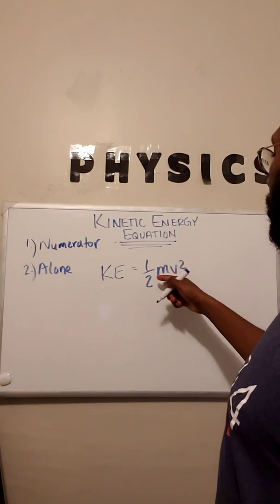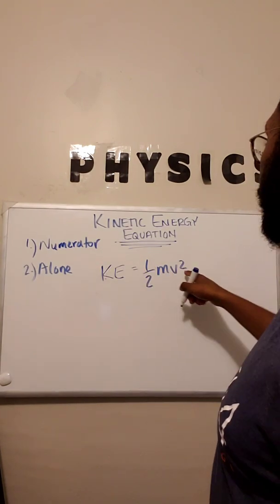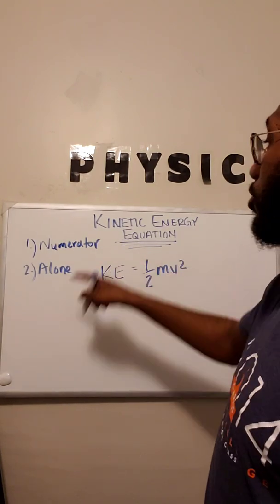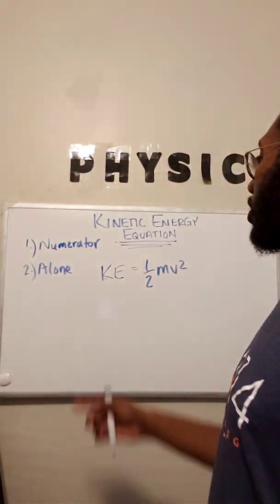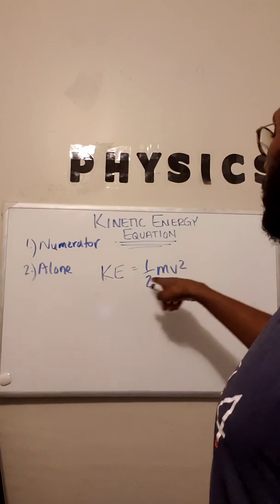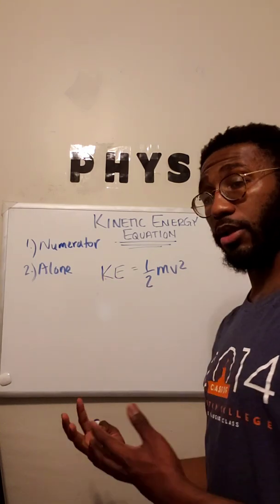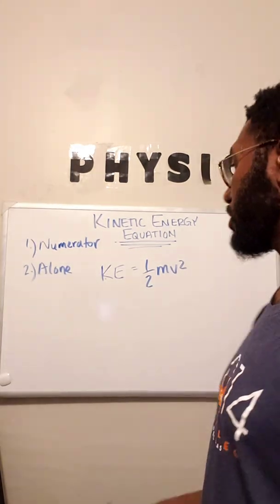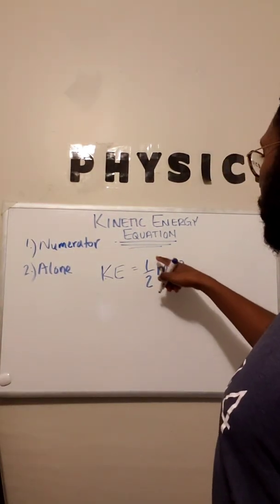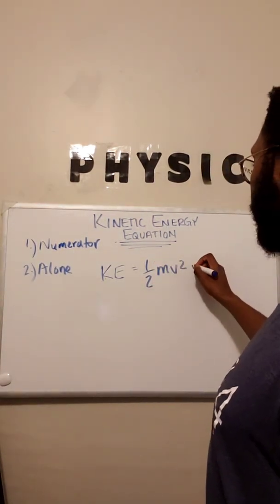All right? So since velocity is in the numerator, I don't have to move it. It is where it's supposed to be. But it is not alone. It is hanging out with its friends, so we need all of its friends to go home so that we can figure out what v is equal to. So first step again is to multiply by the reciprocal.